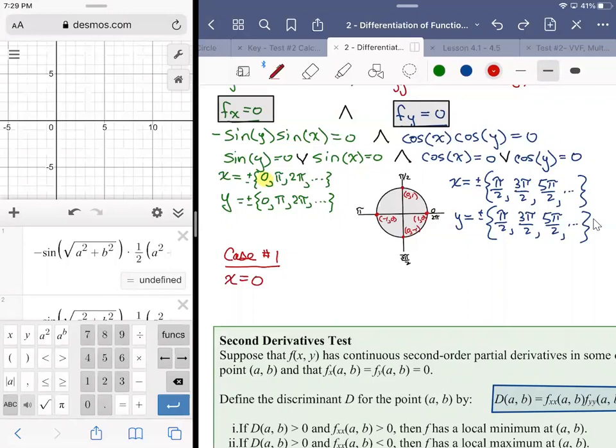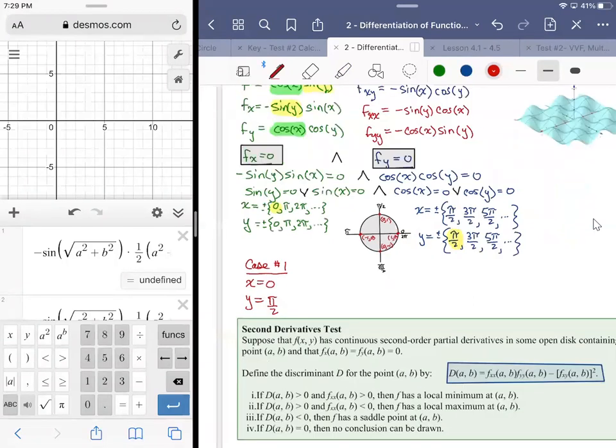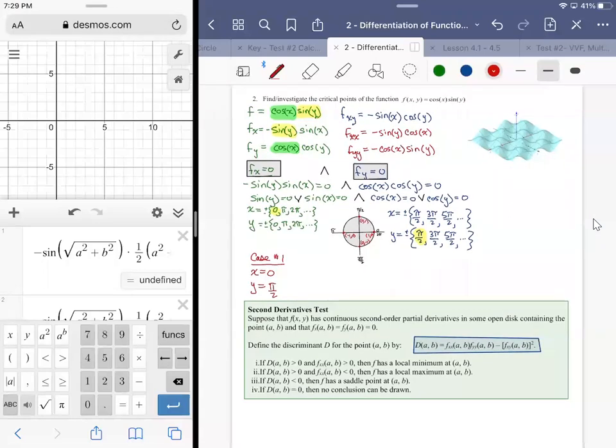So I need a y value that's going to cause it to be equal to 0. So I'm going to pull a y from that set. All right, so an x from my left set and a y from my right set. So let's say I choose y equals pi over 2. I'm looking for the simplest possible scenario in each situation. All right, so what I would want is I got to go down the list here.